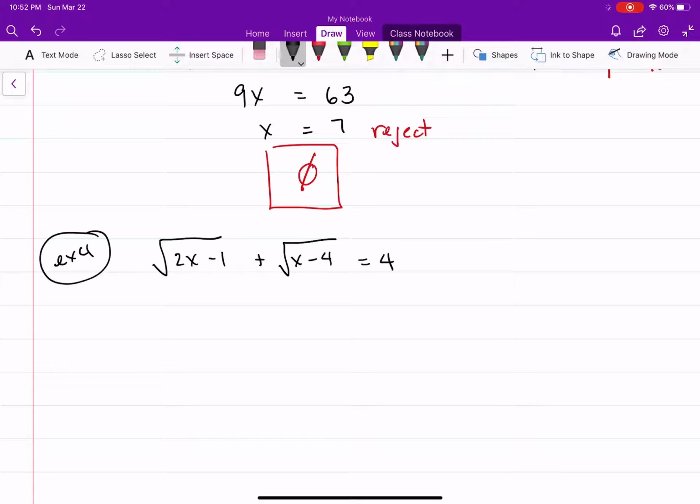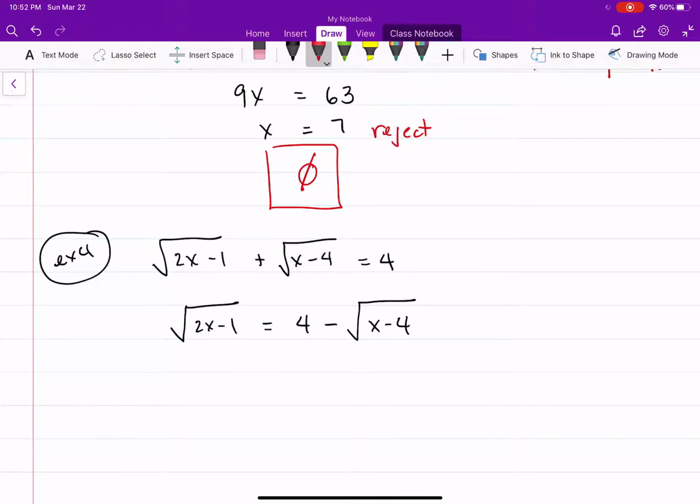I like to usually take the simpler one and move that one. So I want to keep the more complex one on this side, and I'm going to move the square root of x minus 4. Well, it's positive, so I'm going to subtract it over to the other side. So it's going to equal 4 minus the square root of x minus 4.